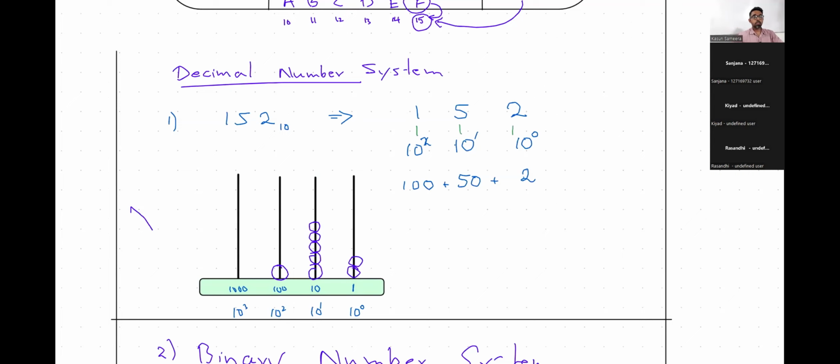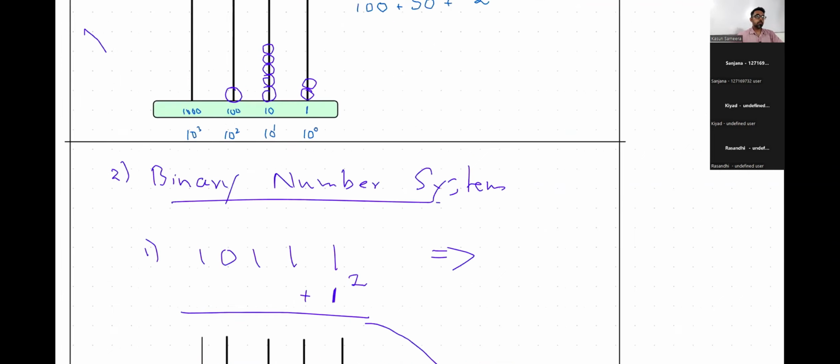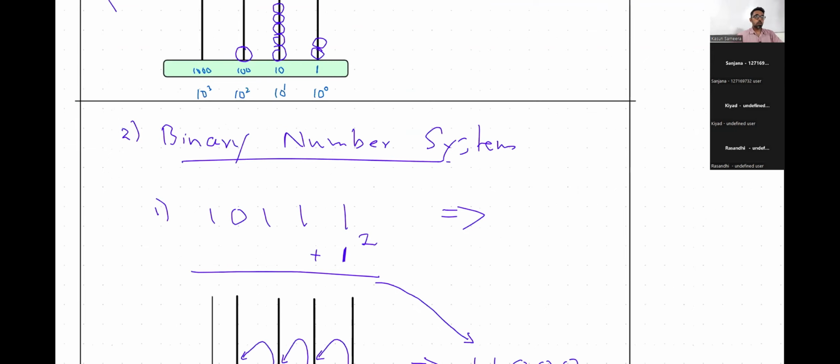You have to multiply and get the value. Then how does this number represent in binary?